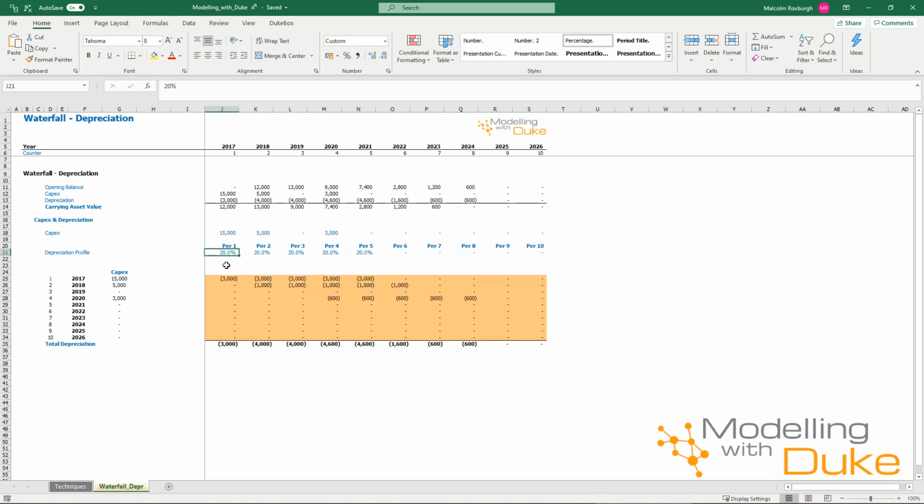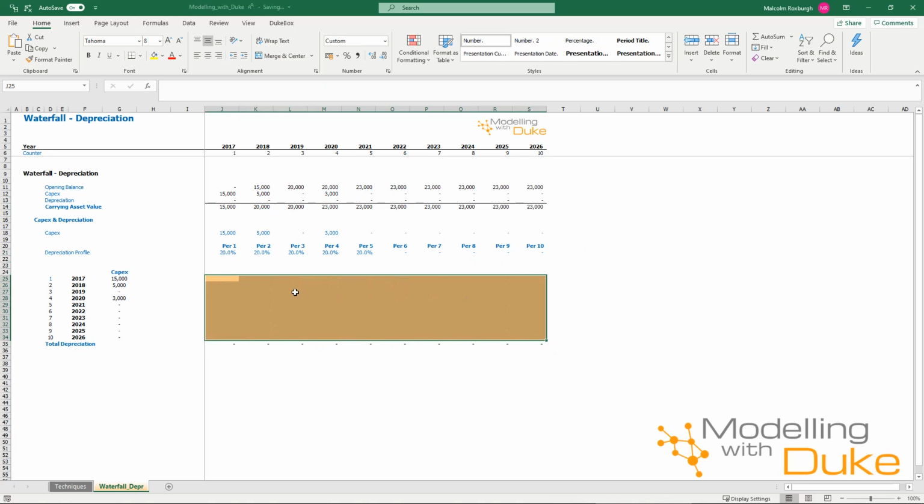The profile could also take into account the cash flow timings. So depreciating by a full fifth in year one implies that my cash flow is happening at the beginning of the year. If you were assuming mid-period, then you would start with a 10% depreciation in period 1, then 4 periods of 20, and then a final period of 10. Obviously, we want this to add up to 100 unless it goes out beyond the length of my model.